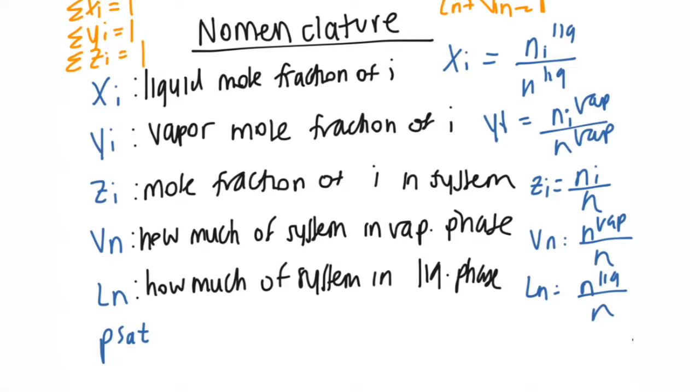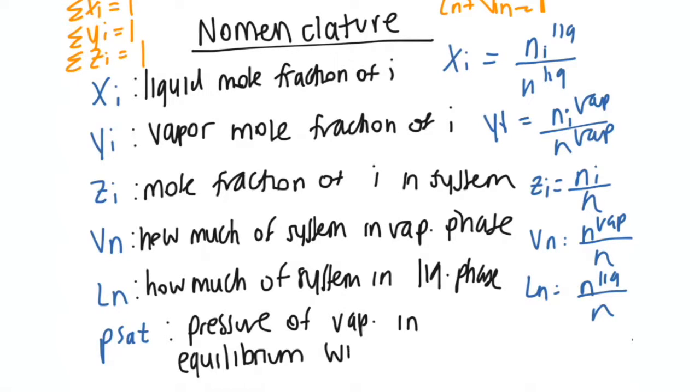And then lastly, you're going to see P_sat used a lot for the rest of this course. Saturation pressure is the pressure of a vapor which is in equilibrium with its liquid. So yeah, hopefully that makes sense.